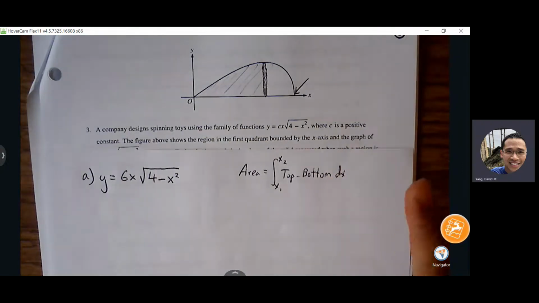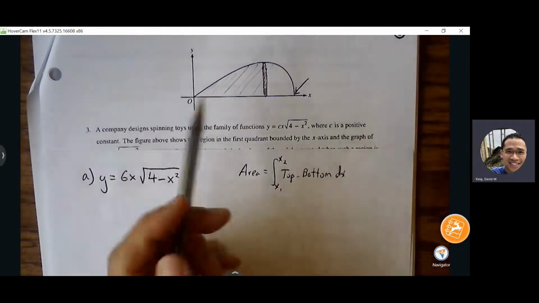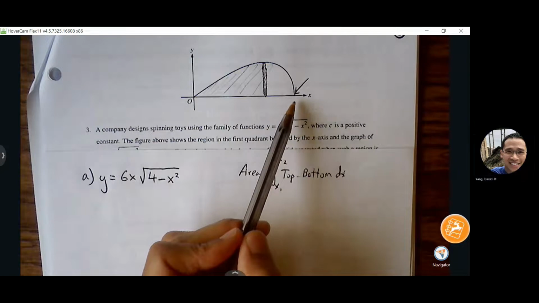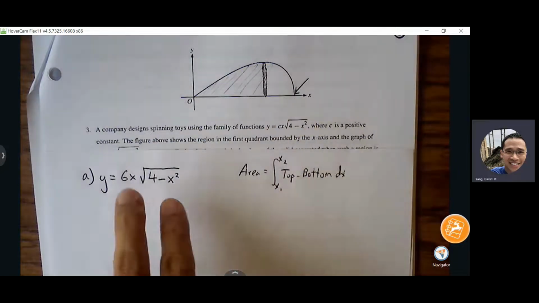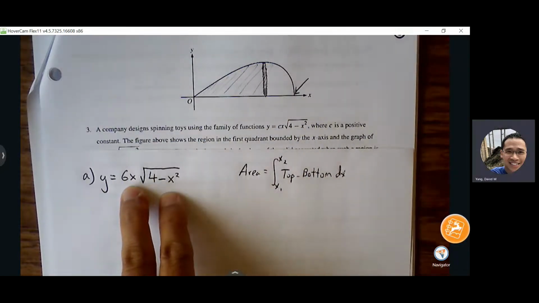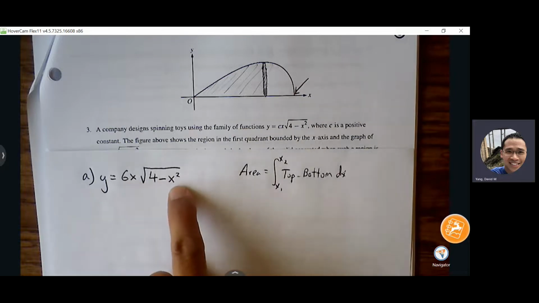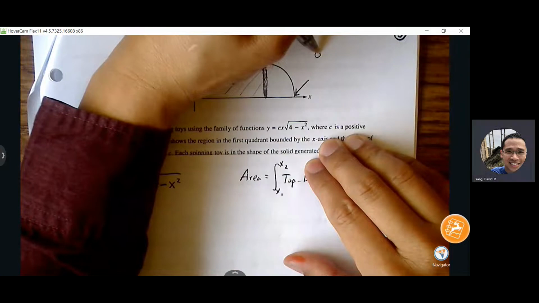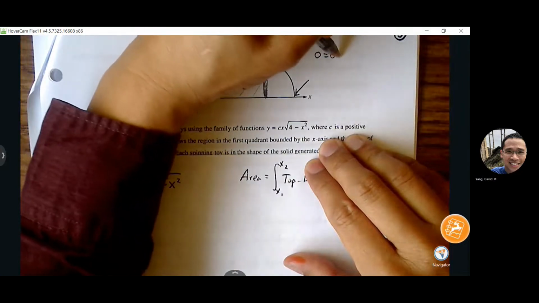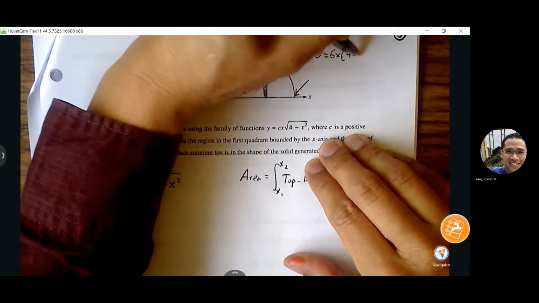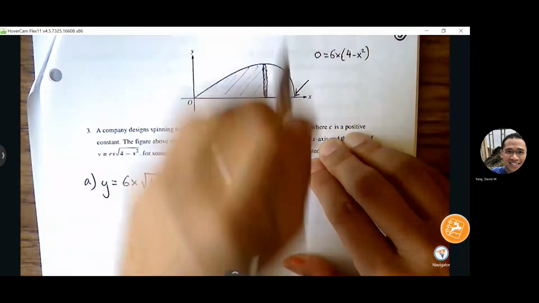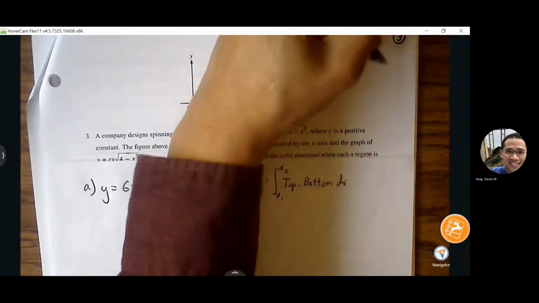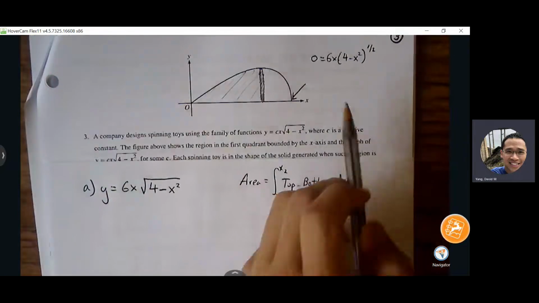Now, this is number 3, so this is non-calculator. We can't just plug in the calculator and find that x-intercept. We can just do what? Set equal to 0, right? We don't want to plug 0 in here. We want to set the y equal to 0. It's already in factored form.